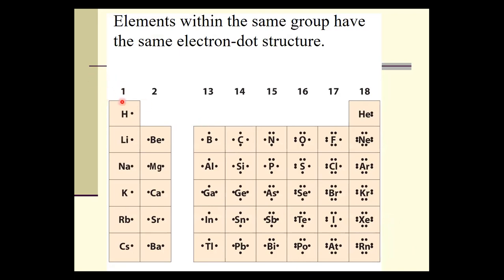So now hopefully you can start to see why the alkali metals often bond with the halogens. Here we have sodium. Sodium has 1 electron. Over here we have chlorine. Chlorine has 7 electrons. This is a match made in heaven. Sodium wants to get rid of that 1 electron.